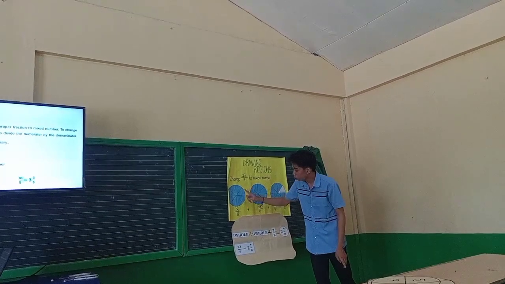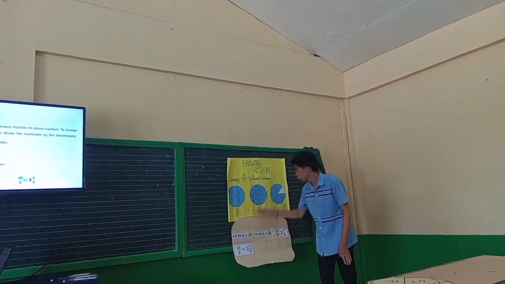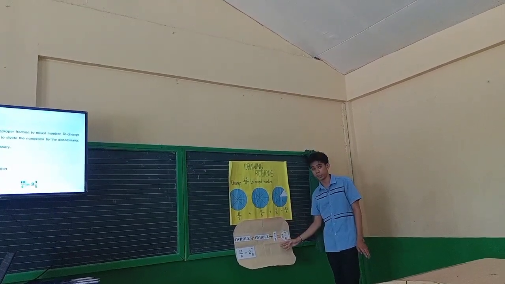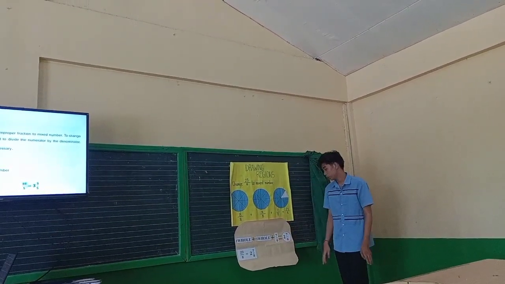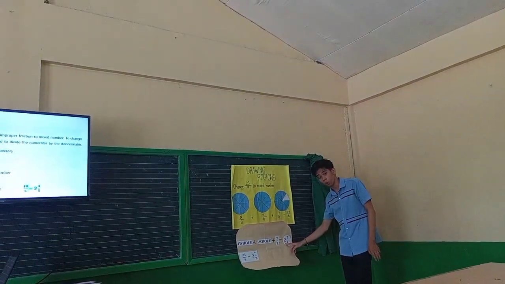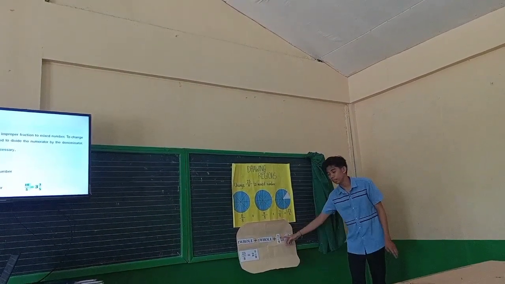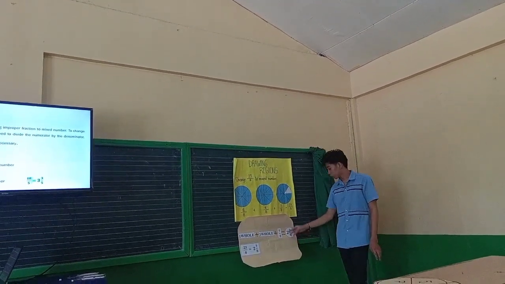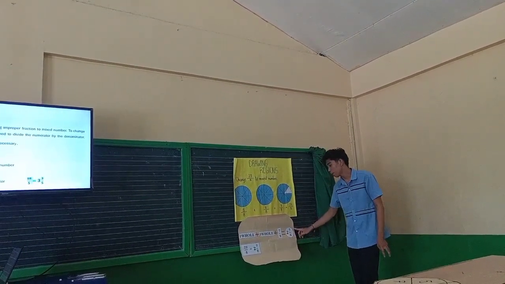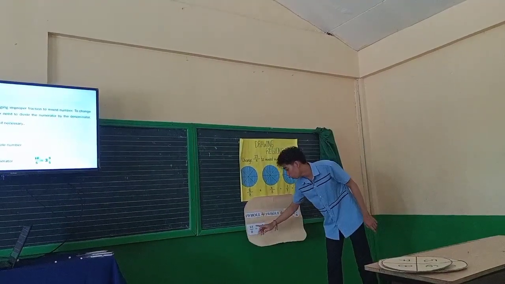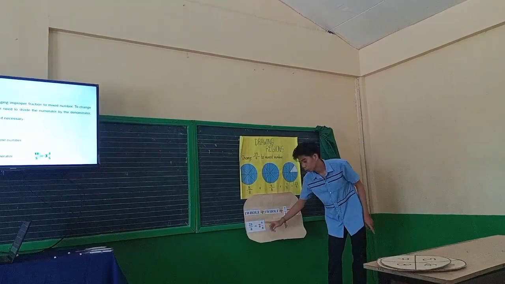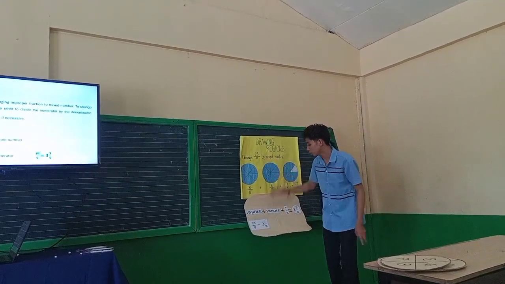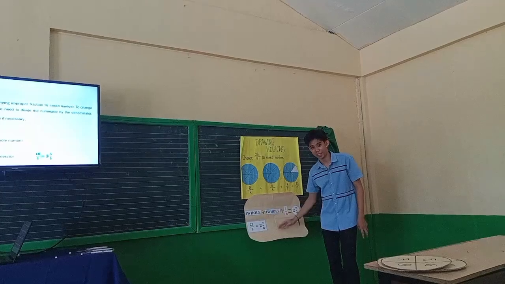Because 8 over 8 is equal to 1 whole, another 8 over 8 is equal to 1 whole, and 7 over 8 is equal to 7 over 8. 1 whole plus 1 whole is equal to 2, and we copy the 7 over 8. So 23 over 8 is equal to 2 and 7 over 8. The mixed number of 23 over 8 is 2 and 7 over 8.